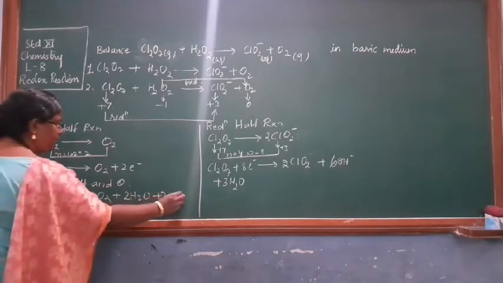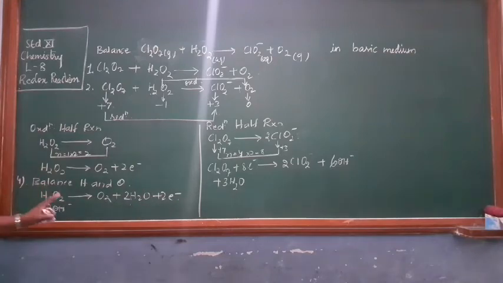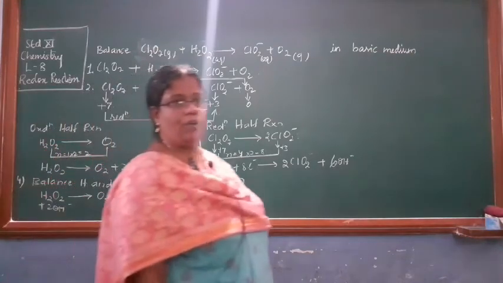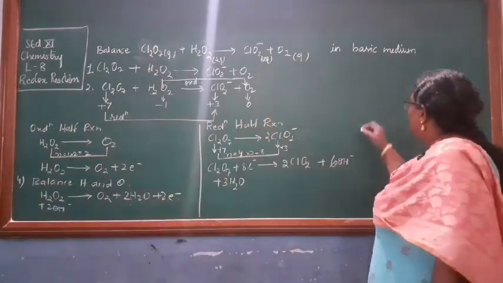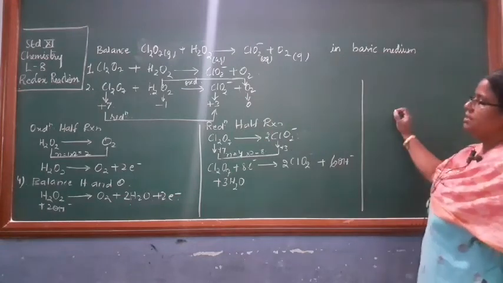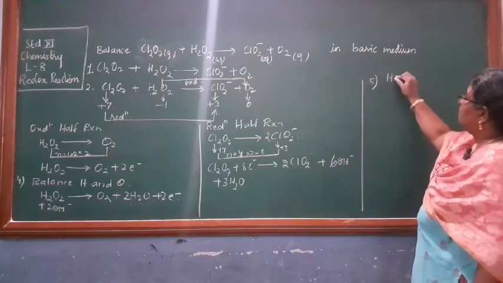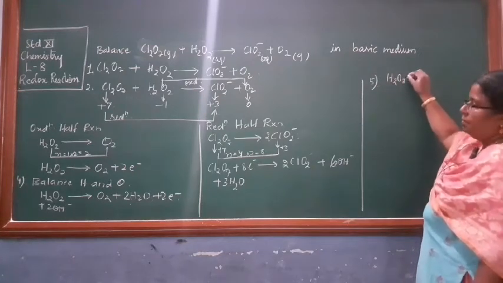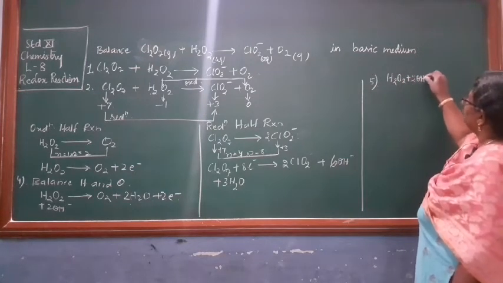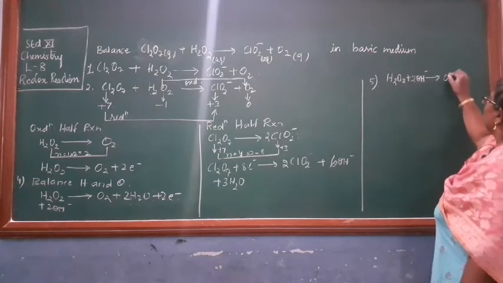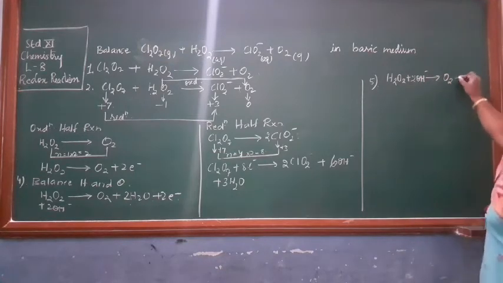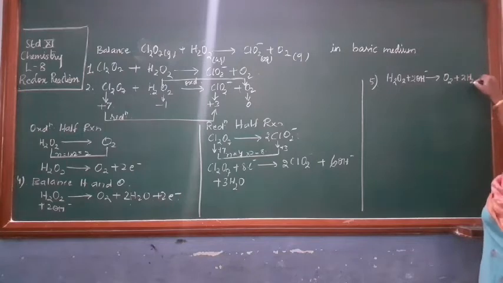Now what is our step next? Next step is to add these two reactions. We have balanced both hydrogen and oxygen. Okay. So now what is the next step? Adding the two reactions. So you have what? H2O2 plus 2OH minus giving you O2 plus 2H2O plus 2 electrons.